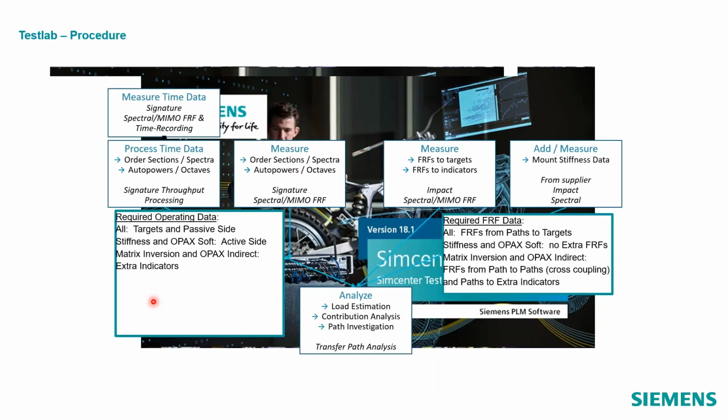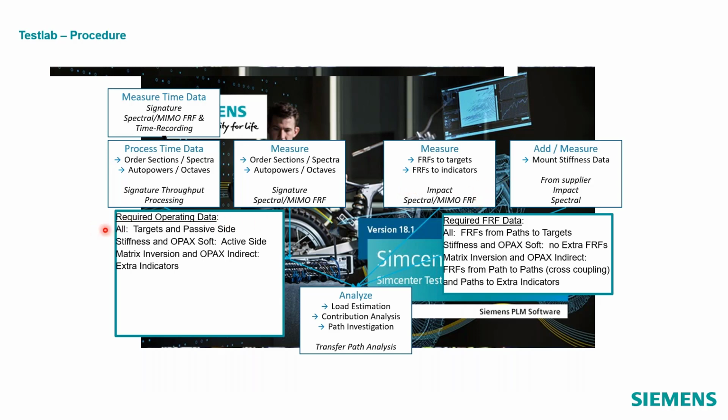This is kind of a busy slide, but here I tried to show where you can collect the data. So you can collect all the data in Signature to get all the operational data, or we can process it in throughput processing. For the FRFs, we can do impact testing or spectral testing or MIMO FRF testing.